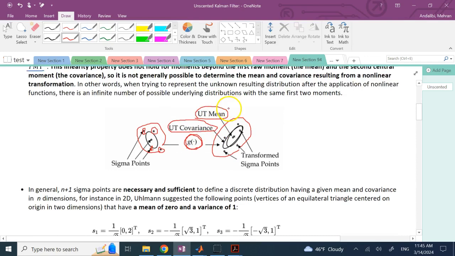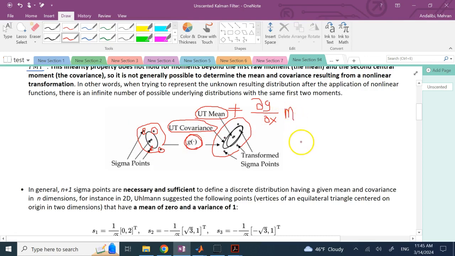So this one is not equal to the partial of this g with respect to x times the original average m.